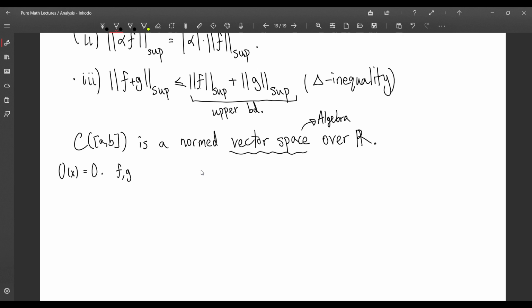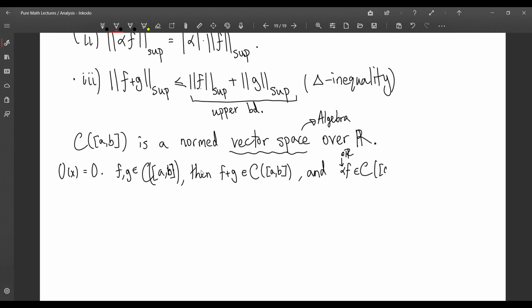If f and g are in the space, then the sum is in the space, and alpha times f, if alpha is a real number, then alpha times f is also in this space. And these are basic properties of continuous functions.